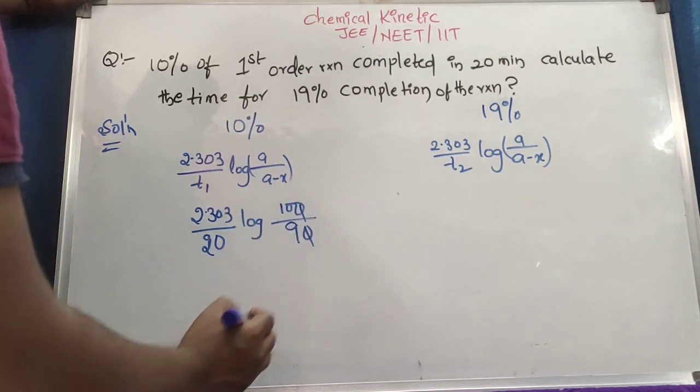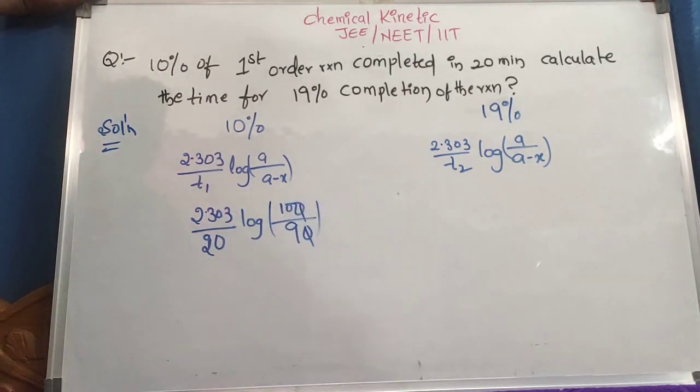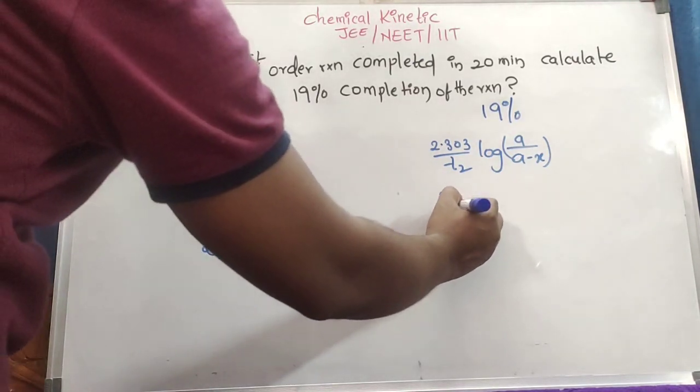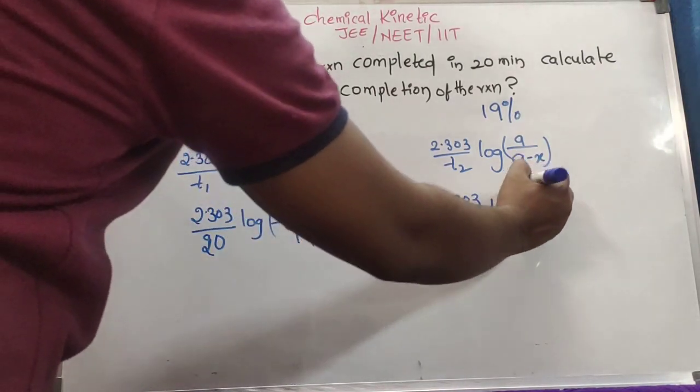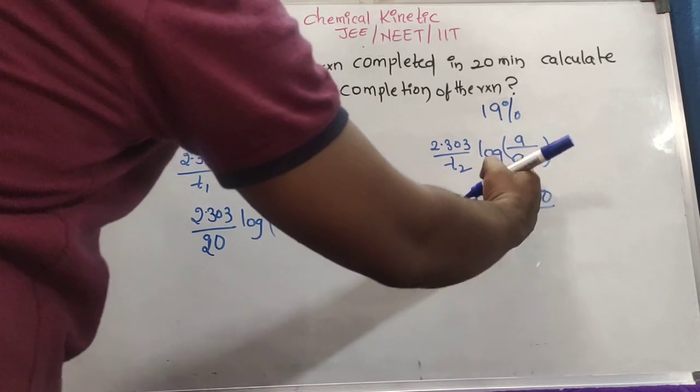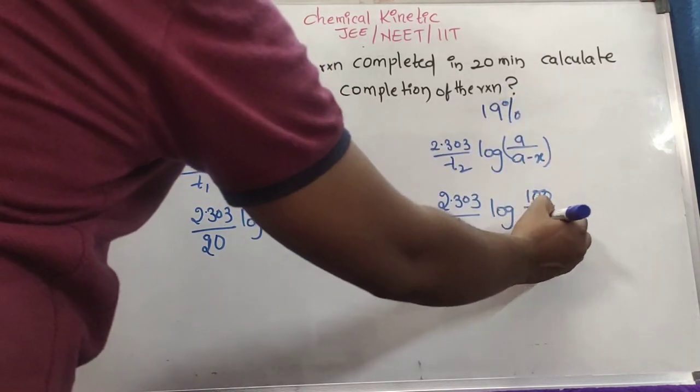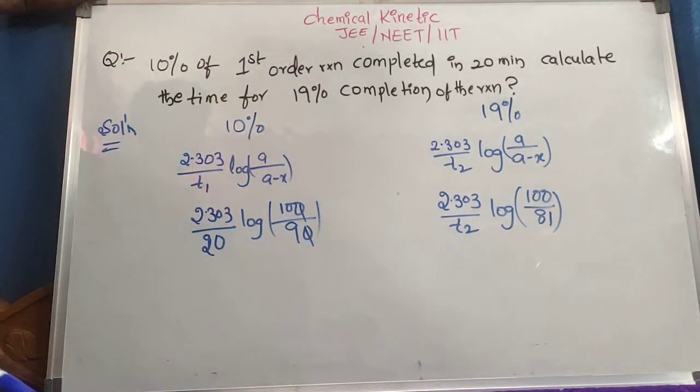So 2.303 by t2 log 100 by 100 minus 19 is 81.